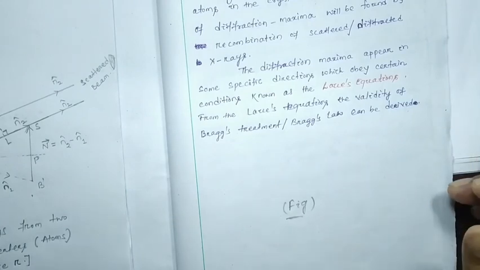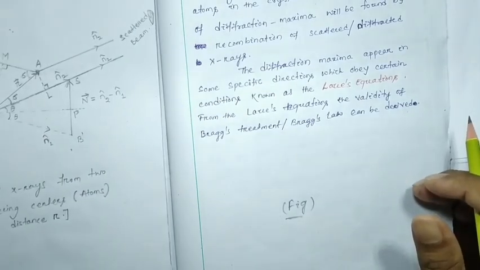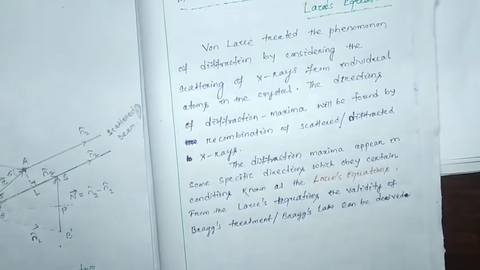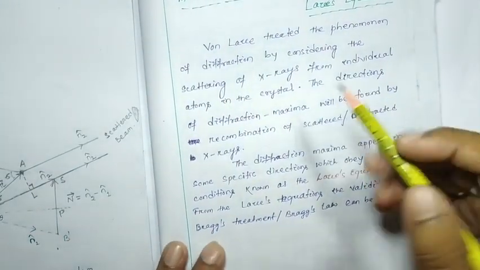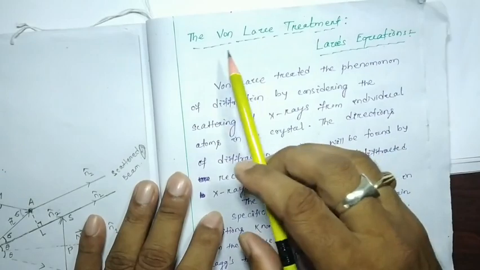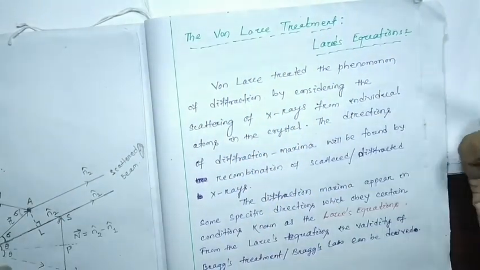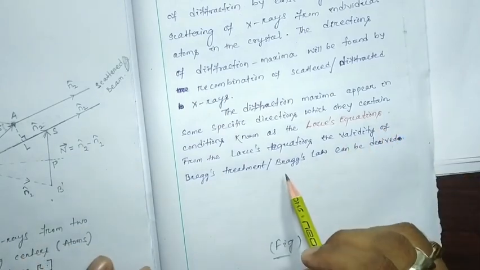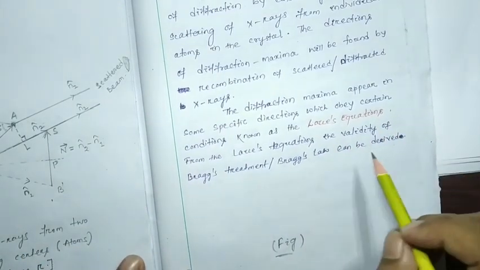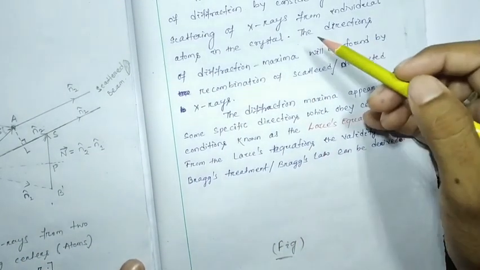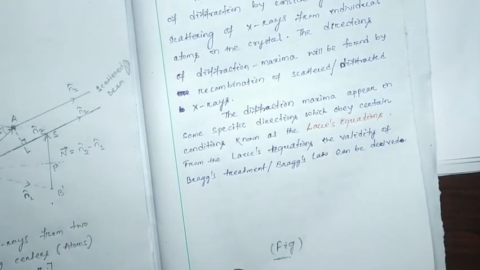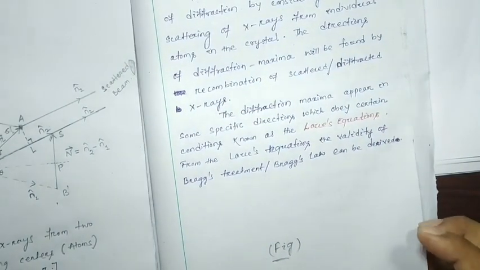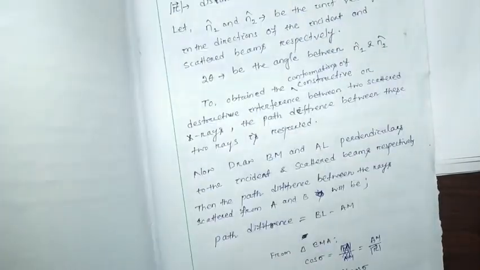So this will be one type of long question for the B.Sc. Honours students. It may be asked that you have to explain the von Laue treatment for 6 marks, and if it is also asked that you have to verify the validity of Bragg's law from von Laue, then it will be asked for 7 to 8 marks. So you have to watch this video carefully.